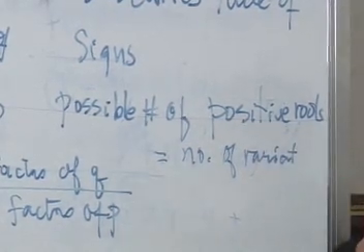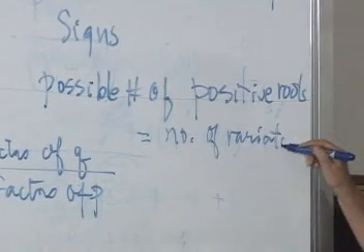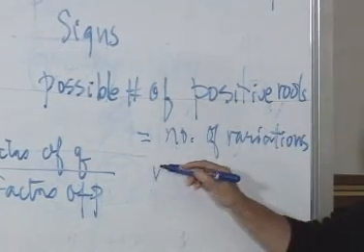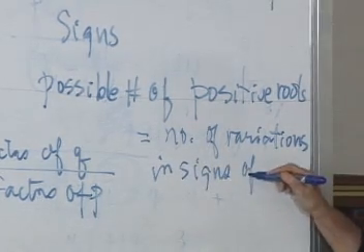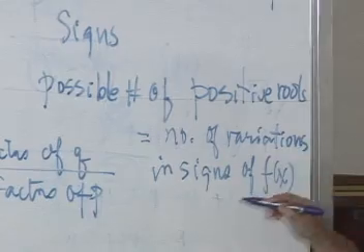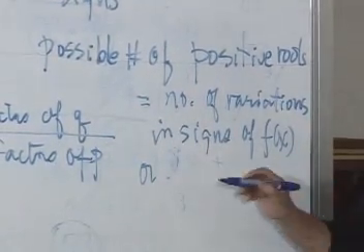Variation in signs means from plus to minus, or from minus to plus. The number of variations in signs of f of x, or less by an even integer.